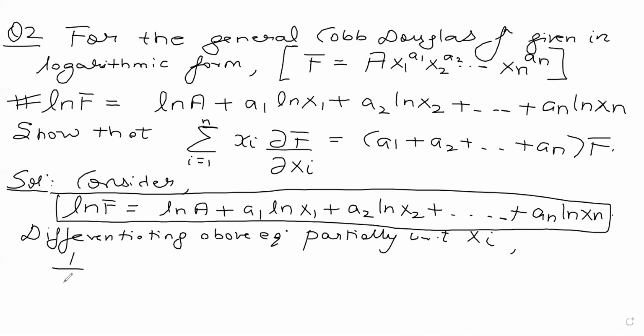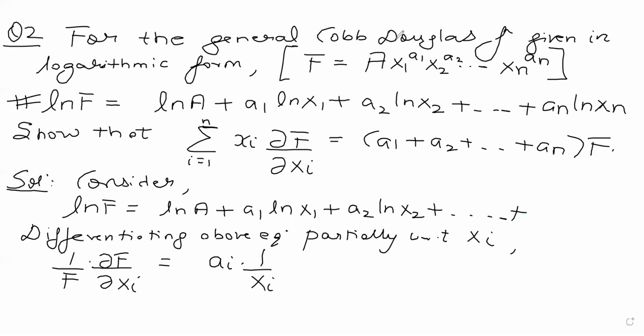If I differentiate this equation partially with respect to xi, where xi can be any of the x's, it is going to be 1 upon f times del f by del xi equals ai times, the derivative of ln xi will be 1 upon xi. You can think of ln xi as somewhere in between.